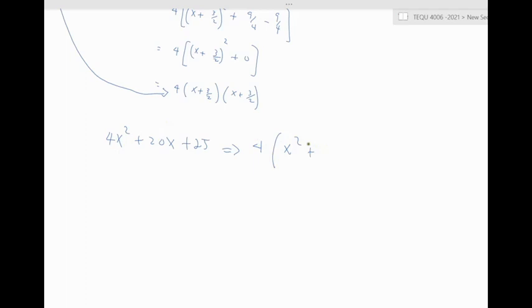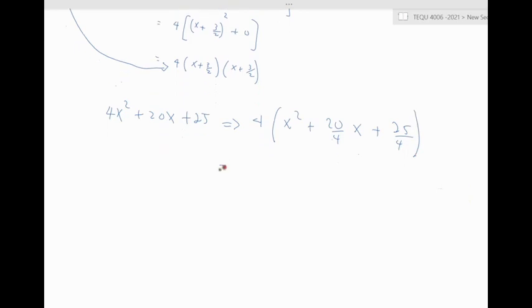I got 5x, plus 25 divided by 4, and that's it. So if I simplify this, 4 times x squared plus 5x plus 25 divided by 4, and that's what I got.